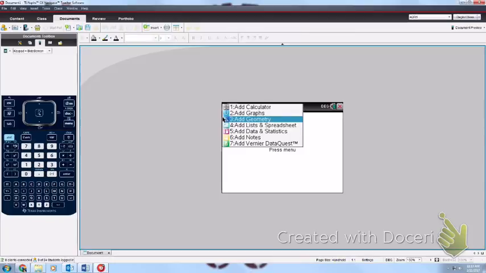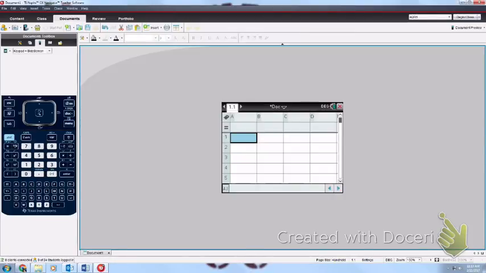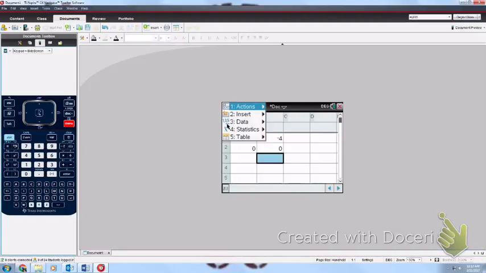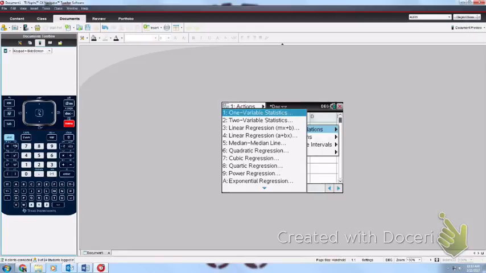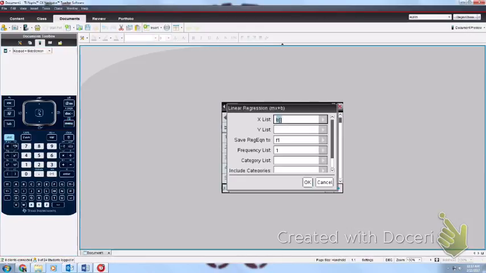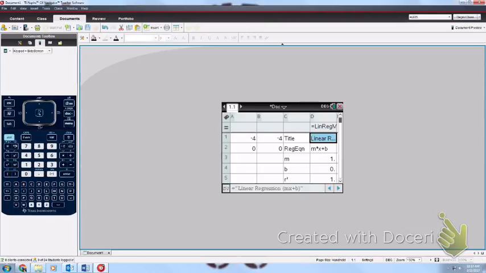So when you're in your calculator, you want to go to lists and spreadsheet, and you want to put negative 4, 0, 0. And then hit Menu, Statistics, Stat Calculations, and then Linear Regression. You need to put your X list as column A, your Y list as column B, and hit OK.